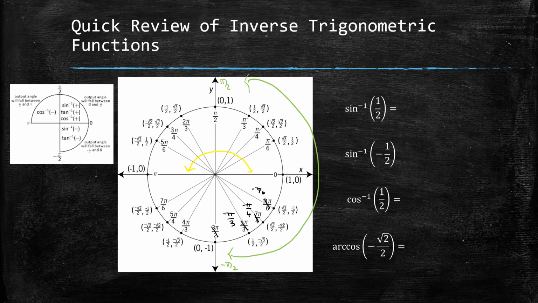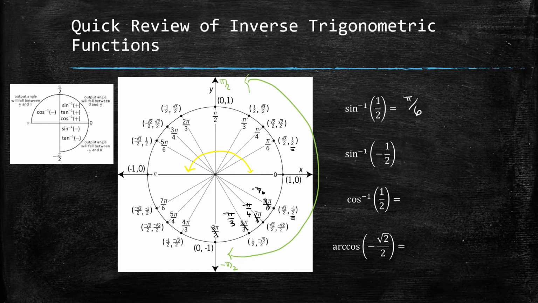Inverse sine of 1/2. We want the answer to sine to be 1/2. Here in the first quadrant, I see that I'm at angle pi over 6. What if we want inverse sine of negative 1/2? Now I want the answer to my sine function to be negative 1/2.